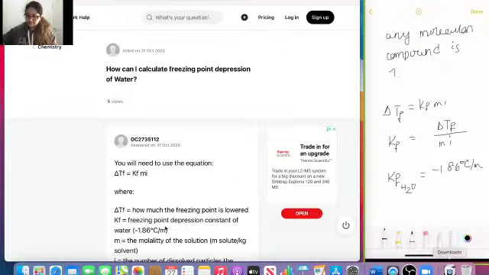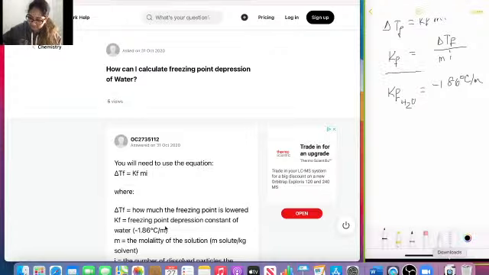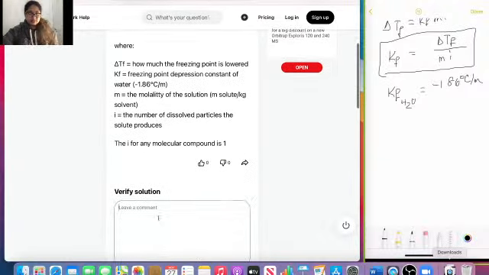This is usually given from literature, but the process of finding it is to use this equation. If it's not given and you have these values, you can find it. And so yes, this is correct.